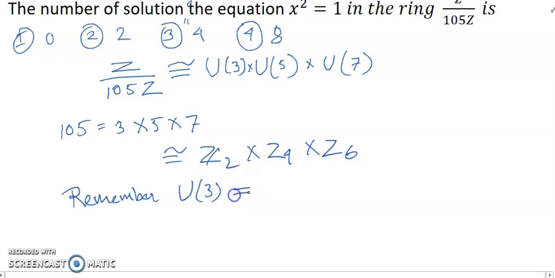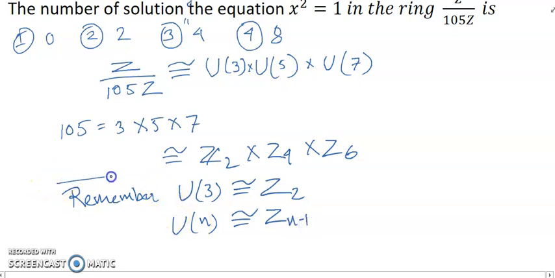U3 is isomorphic to Z2, which means Un is isomorphic to Z n minus 1. This is the property.